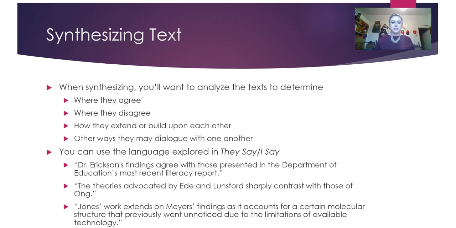So in this instance, we're saying the work of Jones was able to build upon that of Myers because there were technological advancements that allowed them to fill the gaps in Myers's research. So you can see here how with synthesis, finding sites of agreement and disagreement are great places to start, but there certainly are other ways that we can define and frame the conversations that are going on among various sources regarding a specific topic.